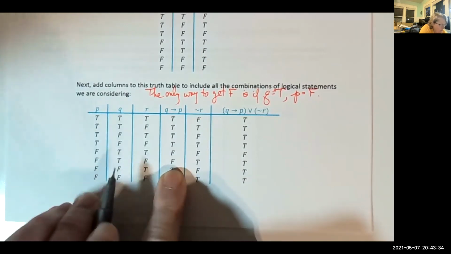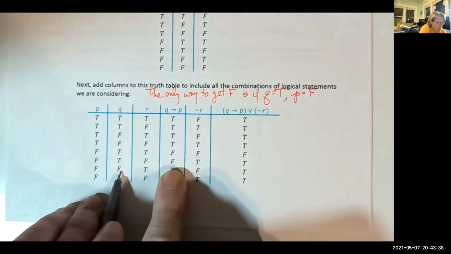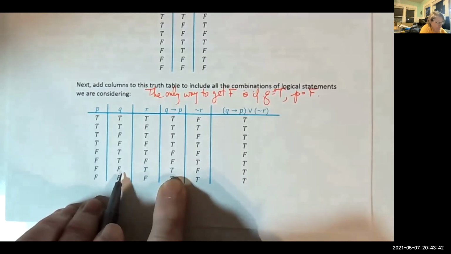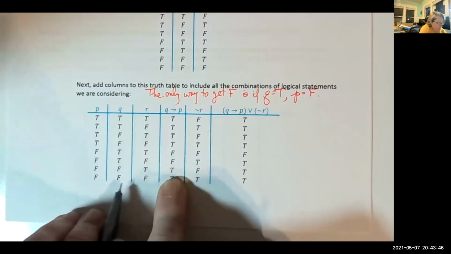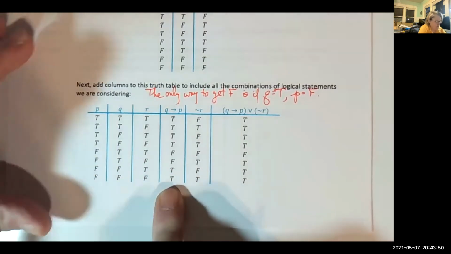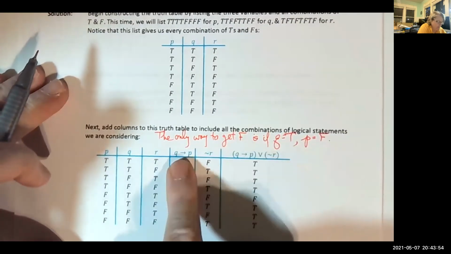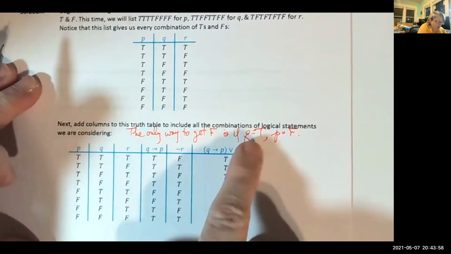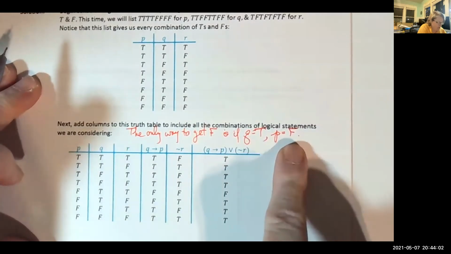We have a false assumption, so it doesn't matter what happens, our outcome is true. So the only way to get false when you have implies is if the first one, and in this case it's Q, is true and it implies something false.